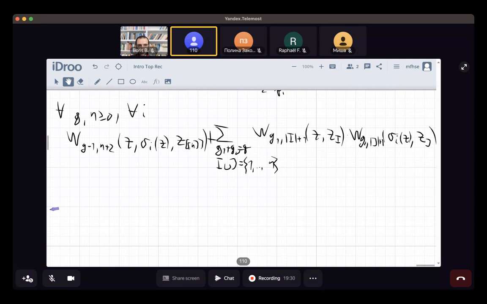I'll put 2 here. The second reformulation will involve the so-called space psi. So I'll denote by this capital psi the space. It's the space of functions.